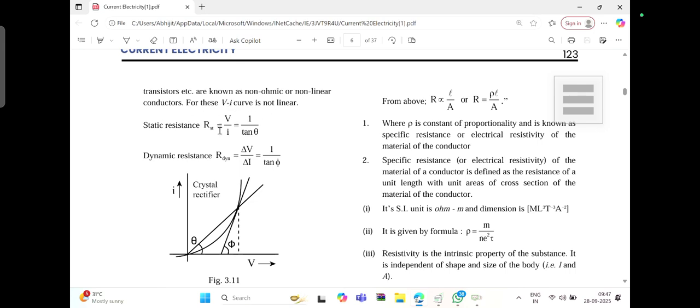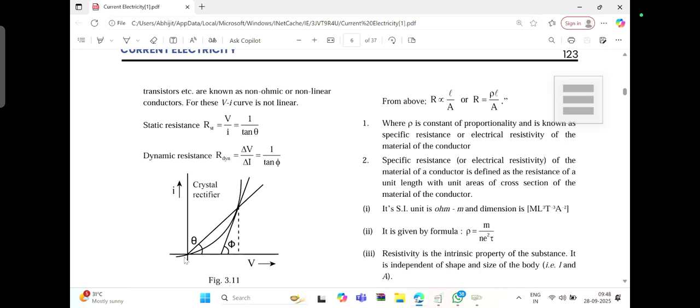Static resistance R static equals V by I, which is 1 by tan theta. Dynamic resistance R dynamic equals del V by del I, which is 1 by tan phi. That is the ohmic conductor, which obeys Ohm's law very carefully, and that is the graph for the non-ohmic conductor.